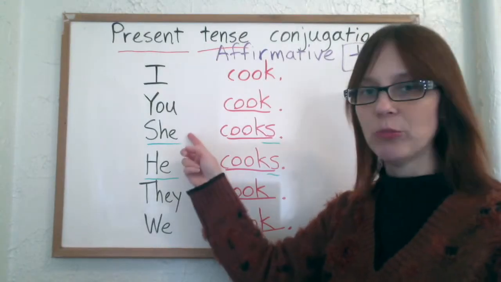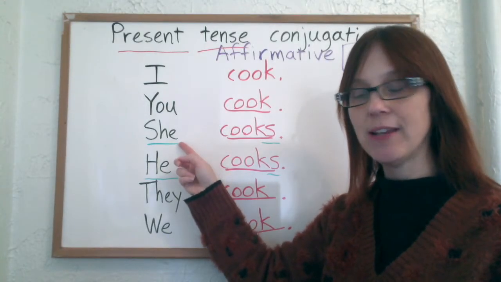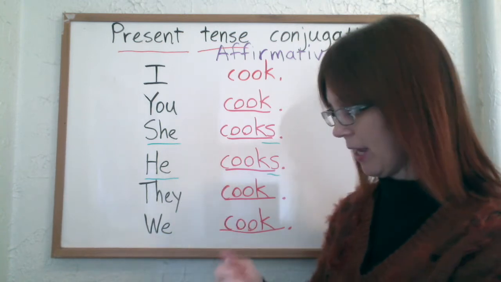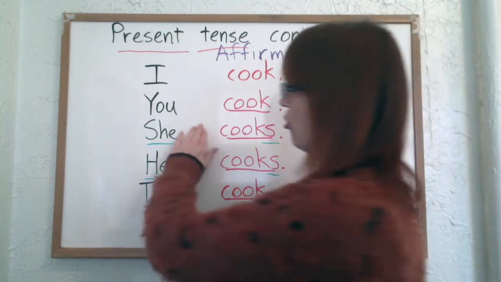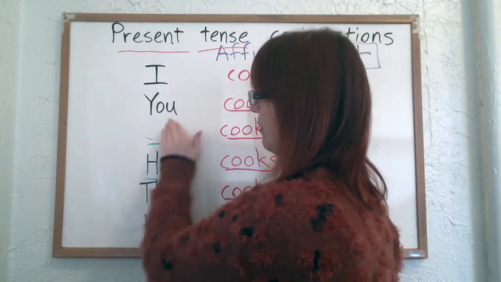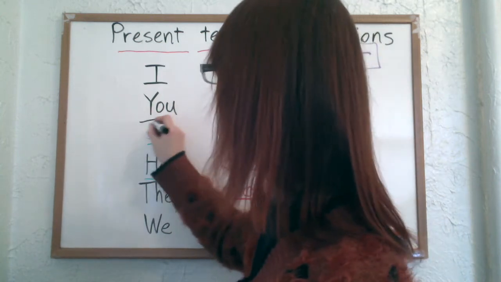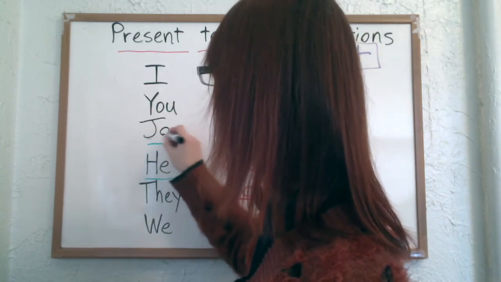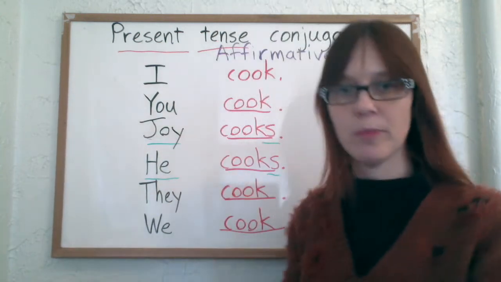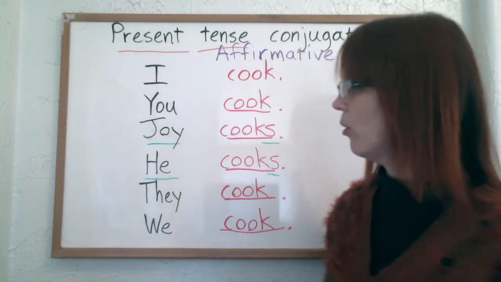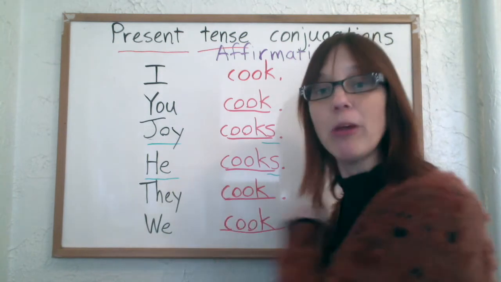We know we can replace she with a name. For example, I can say Joy cooks. That's me. Joy cooks. Or I can talk about my family.